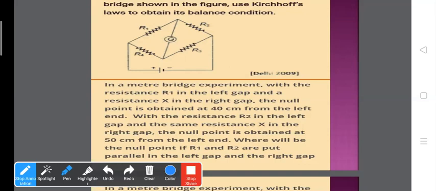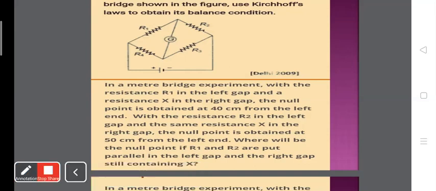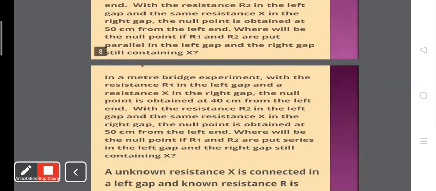Clear? And for the second condition, what is given in this question? Resistance R2 in the left gap and resistance X in the right gap, and the balance condition is found at 50 centimeter from the left. Clear? So try to solve this question.